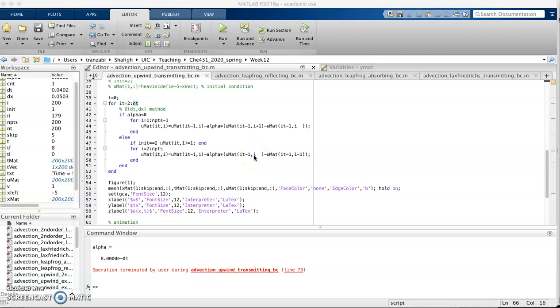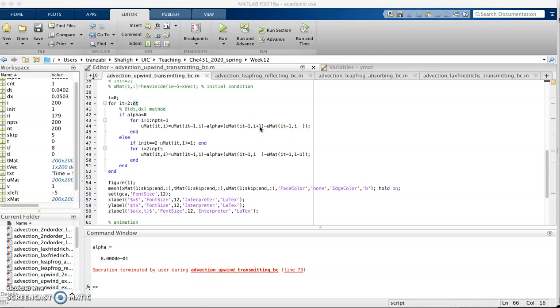So this already implements the transmitting boundary condition. If alpha is positive at time Tn, we are getting information from the point behind us. If we are sitting at point I and alpha is negative, then we are getting information from point I plus 1, which is a point ahead of us.